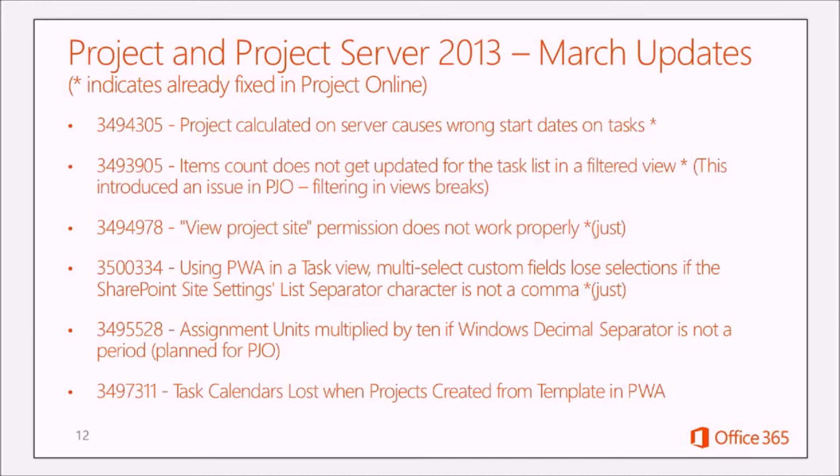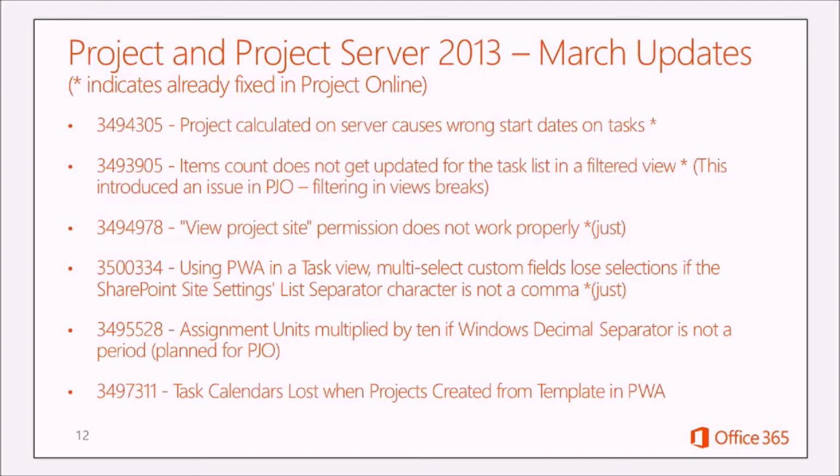And so suppose that I had a person, I wanted them to be assigned for a half a unit, okay? It would multiply that half a unit by 10, and then I would get 50.